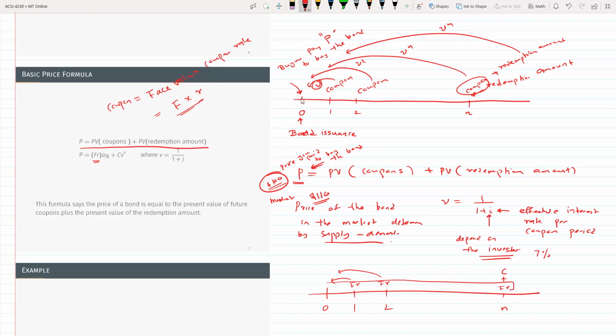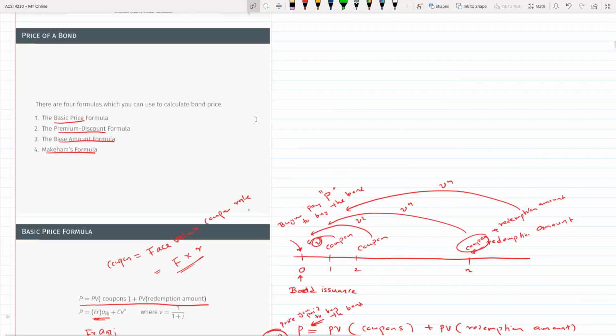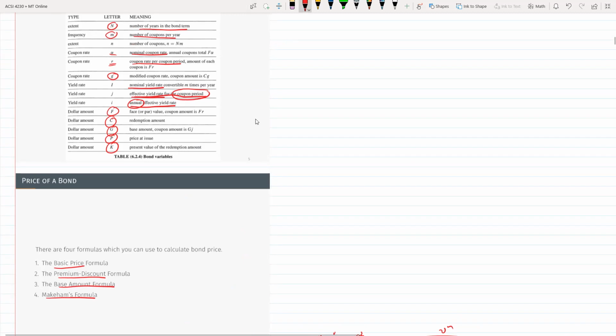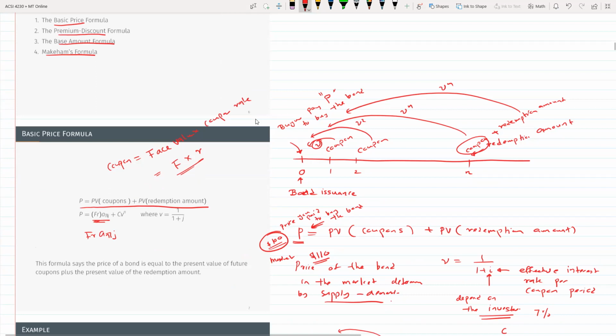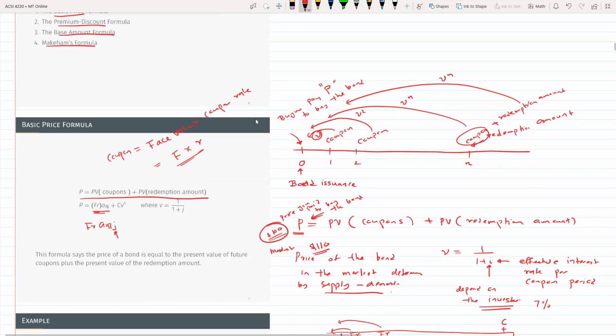It looks like an annuity, no? So the present value of these Fr coupon payments is Fr a_n at rate j. So if you look at the rate j definition here, j is the effective yield rate for the coupon period. Okay, so j is the effective yield rate for the coupon period.